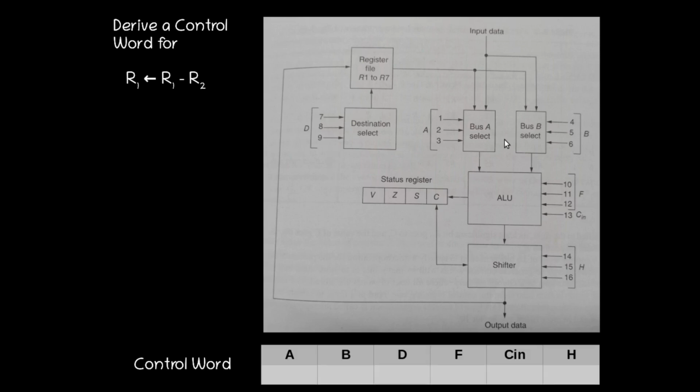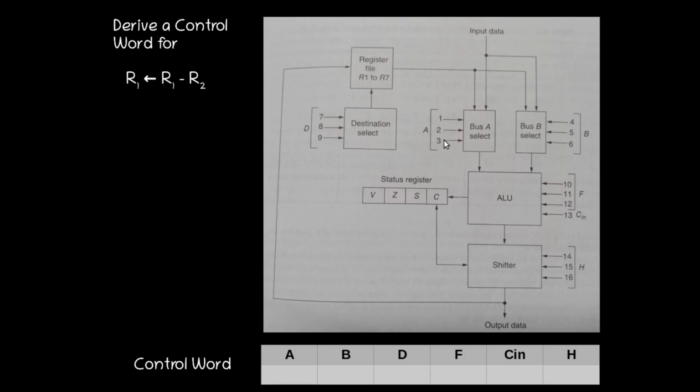So this is our control word format. We have A, B, D, F, C and H fields. All of A, B, D, F and H are 3 bits and C is a single bit. Considering our ALU, the A operand, or the first source operand, is R1.